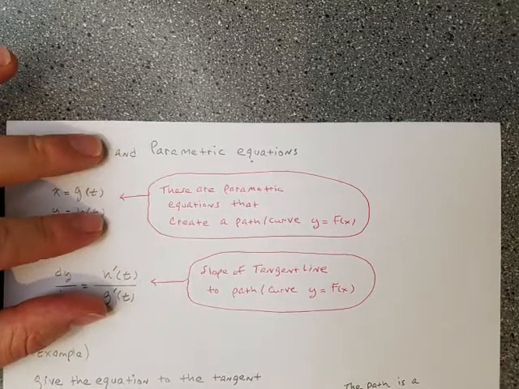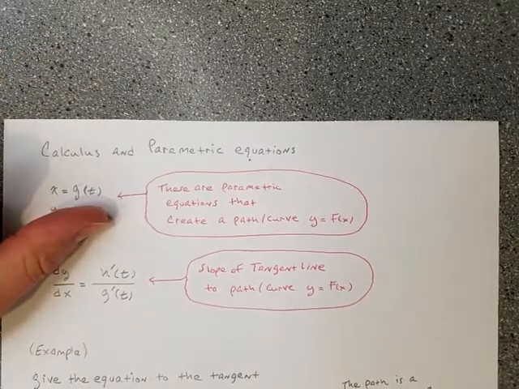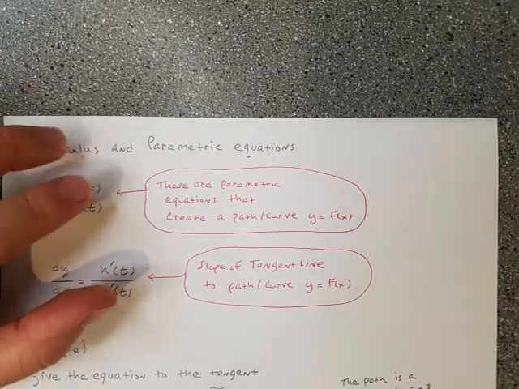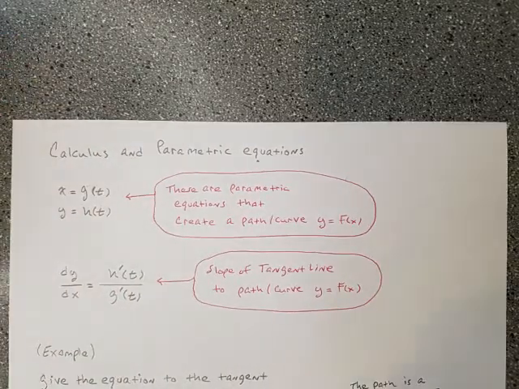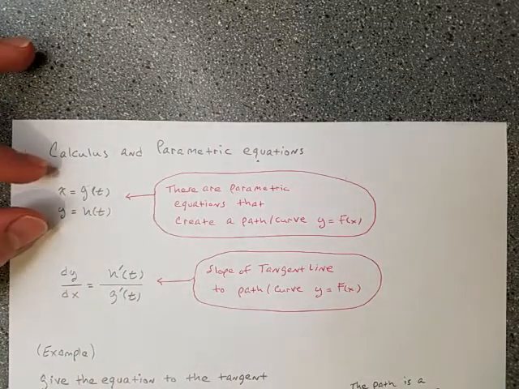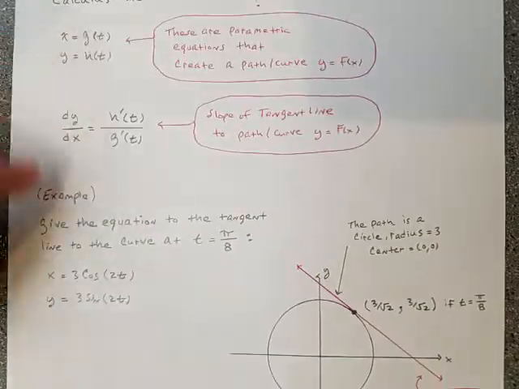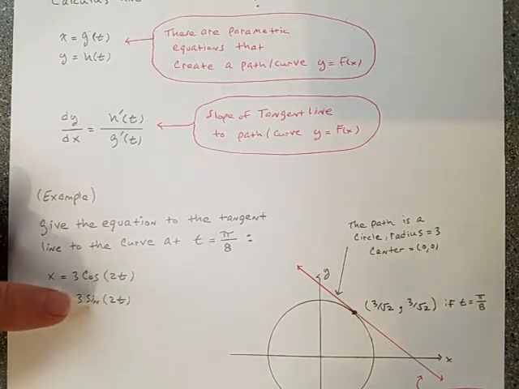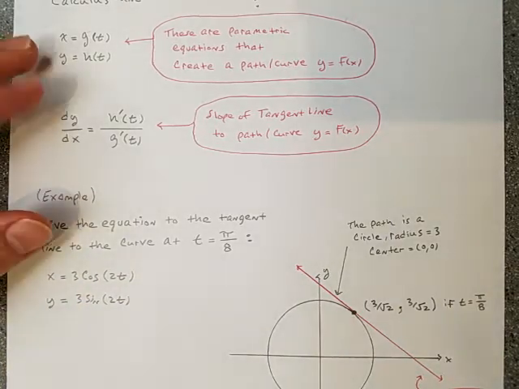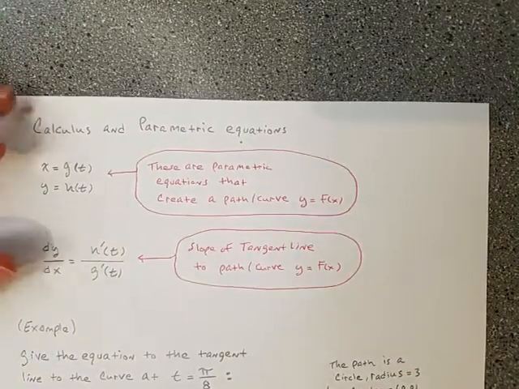So there's 3 things. There's time, and then position, but position is x and y. So that's a rough analogy of what parametric equations are. So you could think of that like, say, x is found by 3 times cosine 2t, and y is 3 times sine 2t. That's an example. All right, so say you've got that.